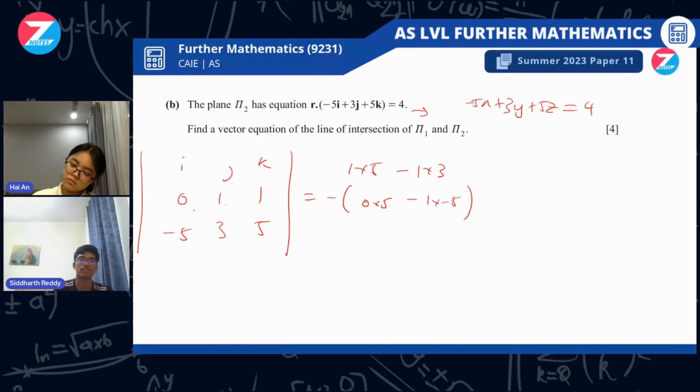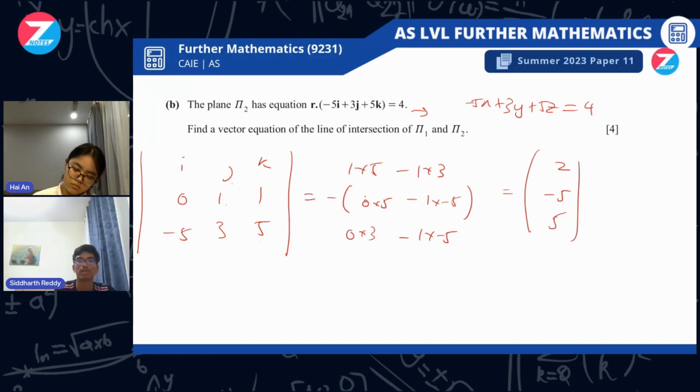For k we have 0 into 3 minus 1 into minus 5 again. So this just becomes 5 minus 3, which is 2, minus of 0 plus 5, so it becomes minus 5 again, and 0 plus 5 is 5. So that's the direction vector.